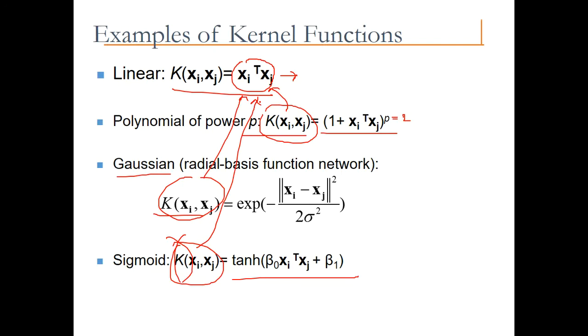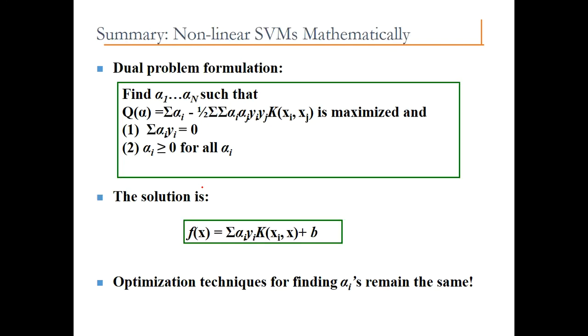There is not much change in the same formulation. At the last moment you replace this quantity in the Lagrangian equation with this kernel function. So finally, as a summary, in this equation the kernel function is substituted for xi transpose xj.